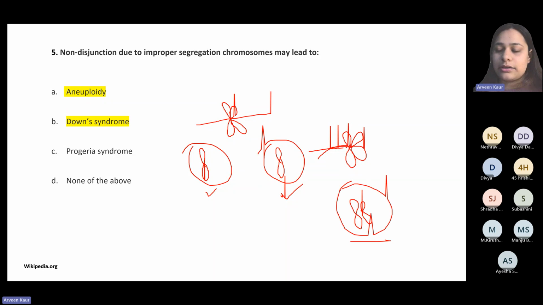And a cell membrane will form around this and another around that. So this one will not have any of this chromosome, and this one has two copies of this chromosome. Both these conditions are hazardous, right? Having a double copy of anything does not mean that it will benefit us, because too much of something could even be toxic for us.